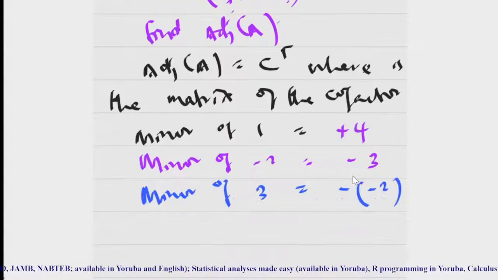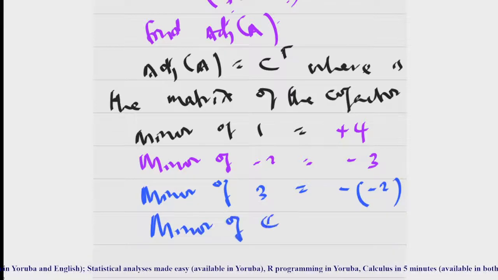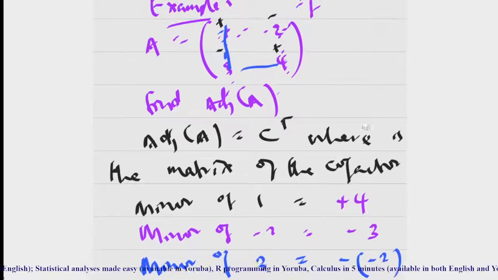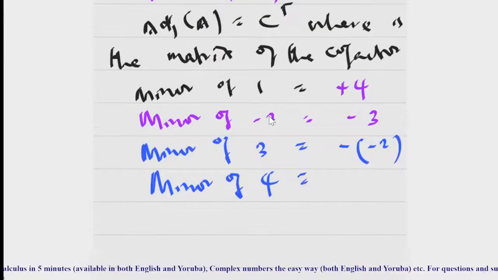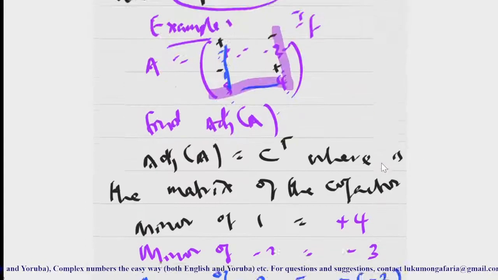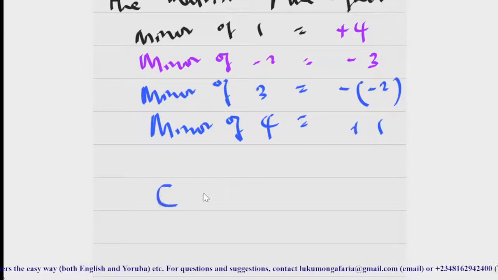And lastly, the minor of 4, which is obtained by clearing the row of 4 as well as the column. If you clear the row and the column, what do you have left? That is 1. So I have 1 here, and the sign of the cofactor is plus, so plus 1.